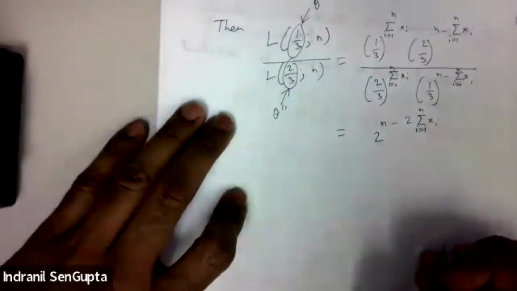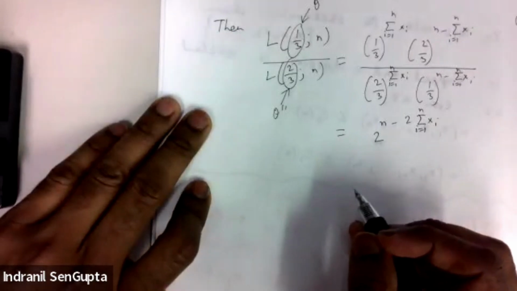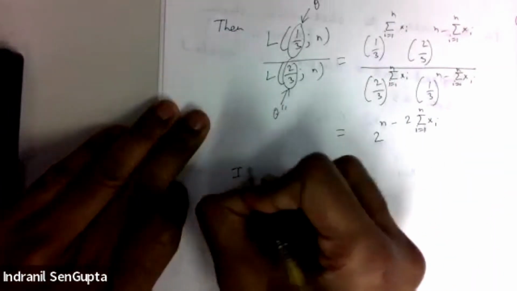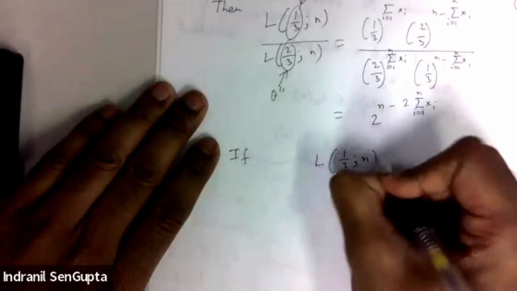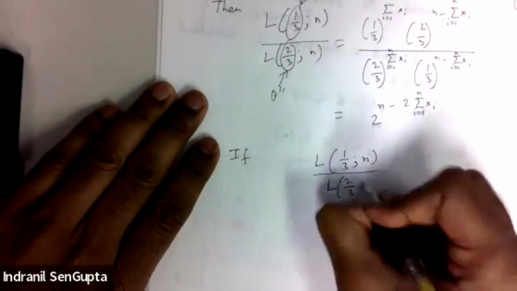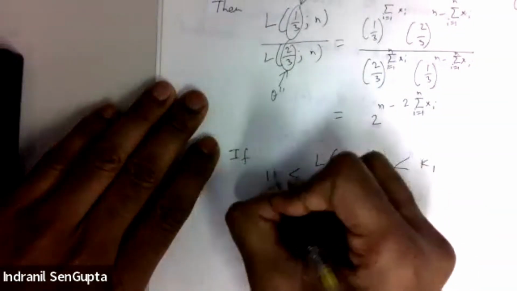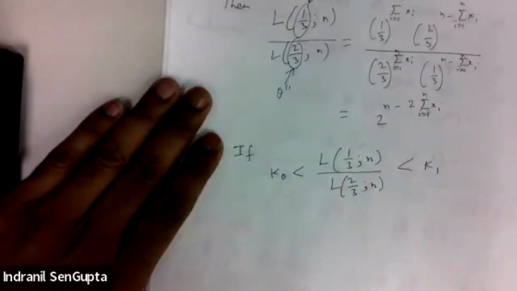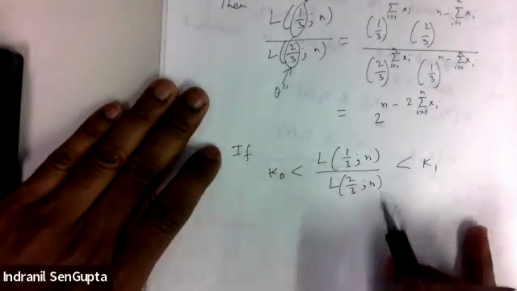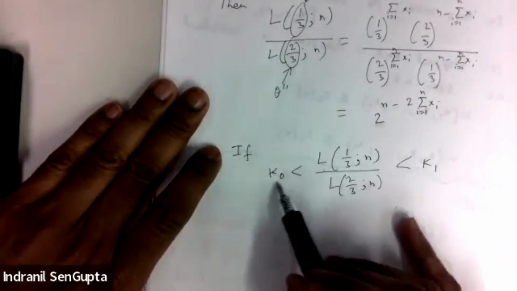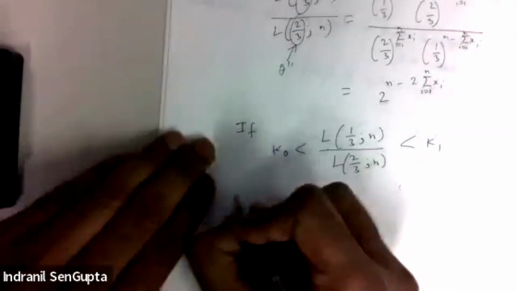Now, so what we want is initially, so for the first few observations, if this ratio is between K0 and K1, then we don't make any decision, right? So for those n, so you have this quantity between K0 and K1 for some fixed K0 and K1, we don't make any decision.